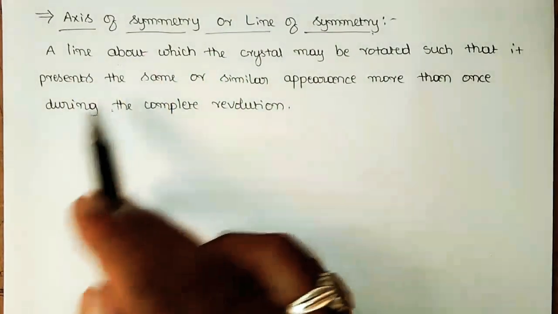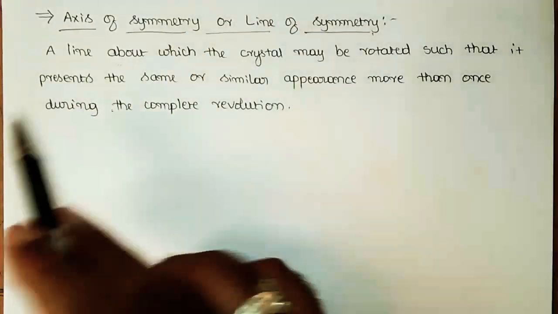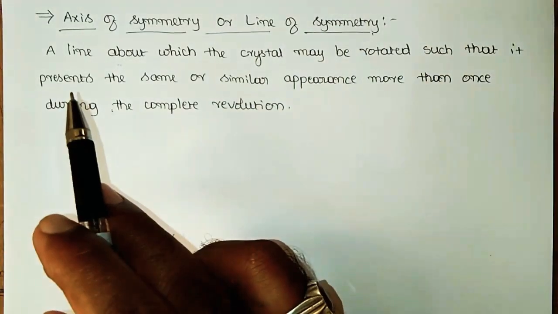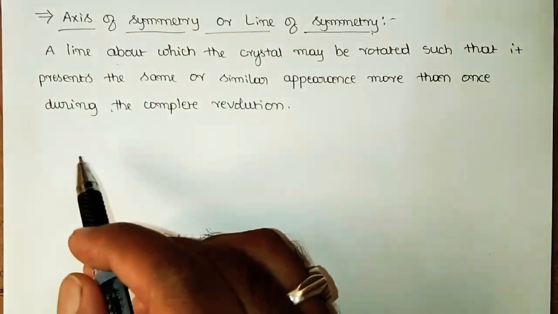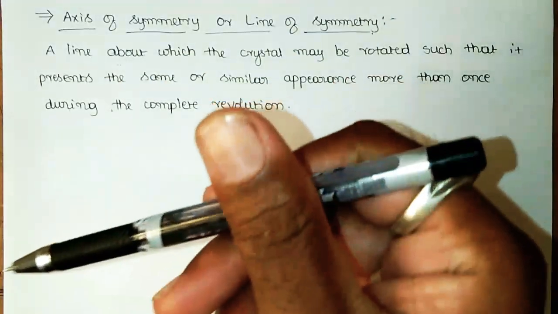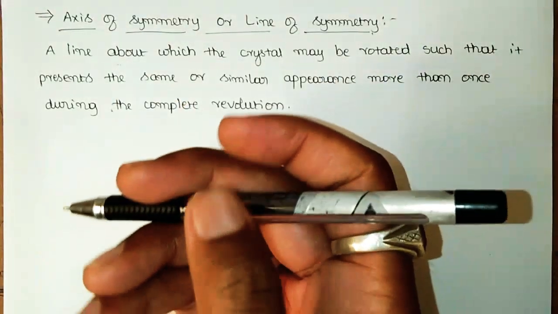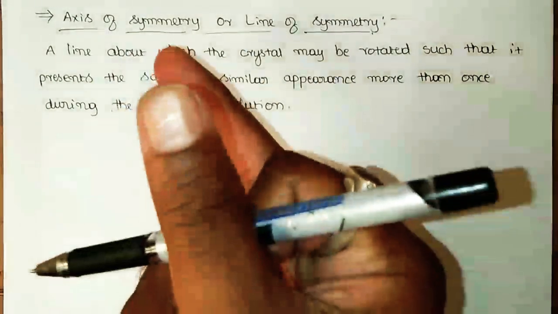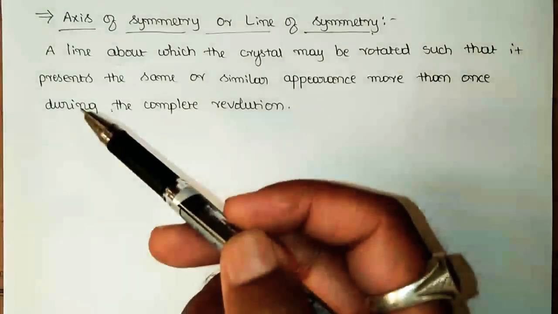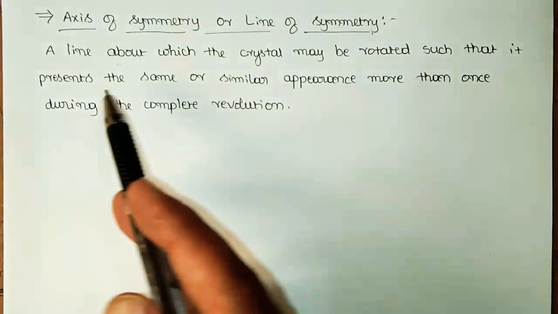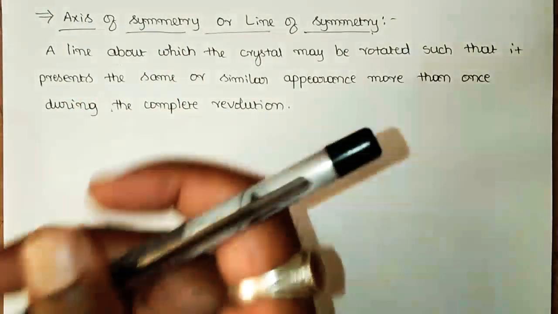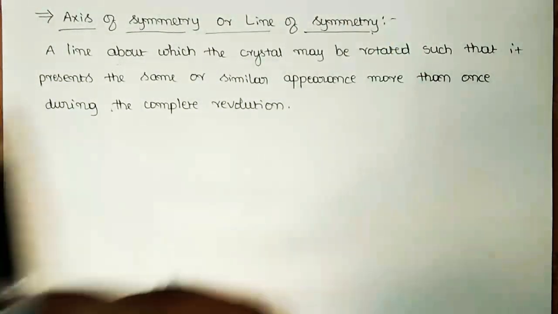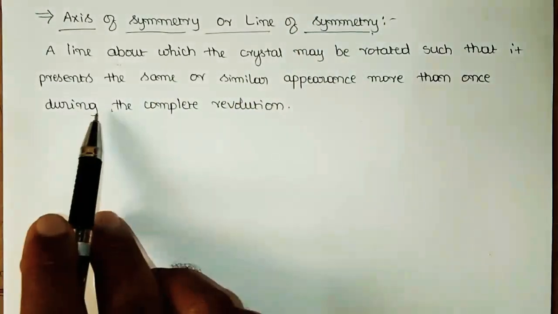According to this, when you are rotating a crystal about a line which is passing either through opposite faces or through diagonally opposite corners or through diagonally opposite edges, whatever it may be, when you are rotating the crystal about that axis to a certain angle, if after complete revolution, that means after giving rotation of 360 degree, the crystal exhibits same or similar appearance, then the crystal is said to have axis of symmetry, and the line about which we rotated the crystal will be called axis of symmetry or line of symmetry.